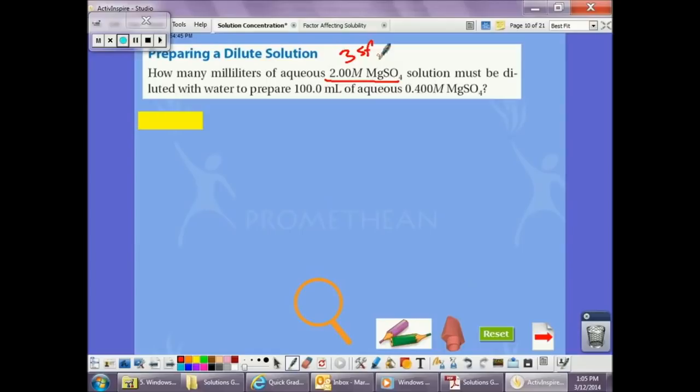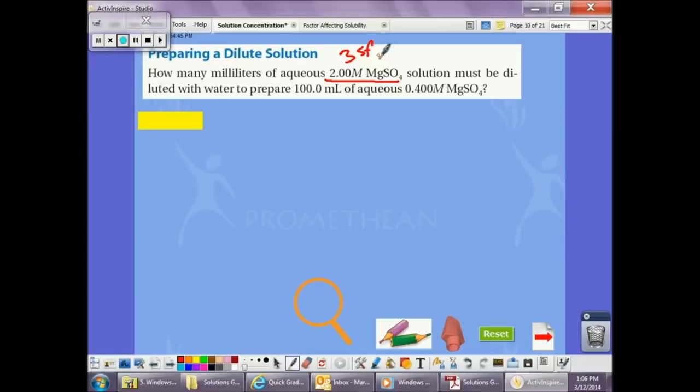Solution must be diluted with water to prepare, oh, this is a different type of problem. It is dilution. Diluted with water to prepare 100 ml of an aqueous solution of 0.40 molar magnesium sulfate.